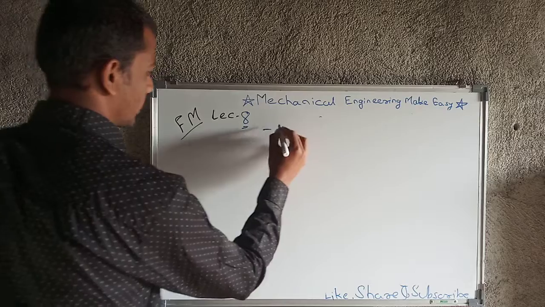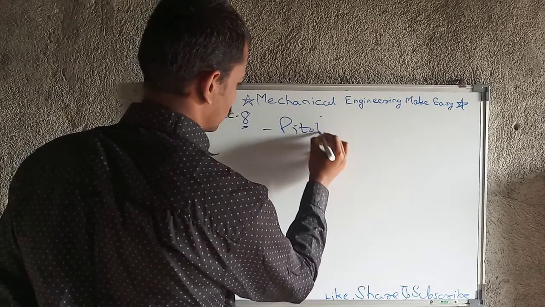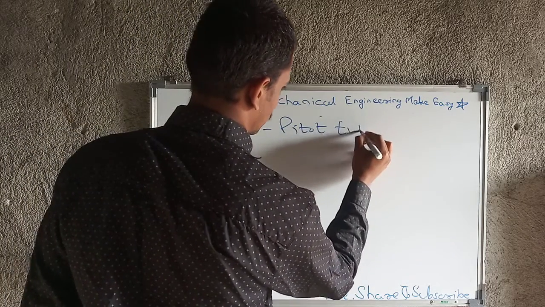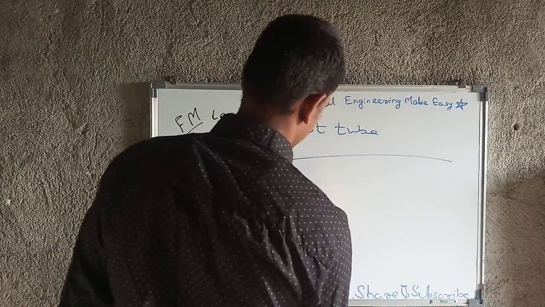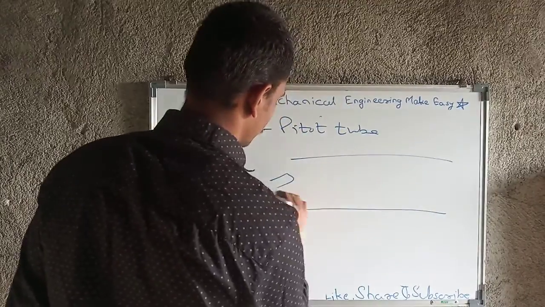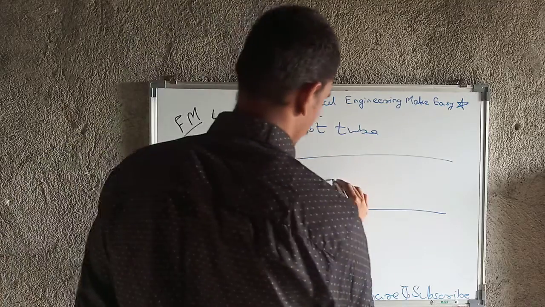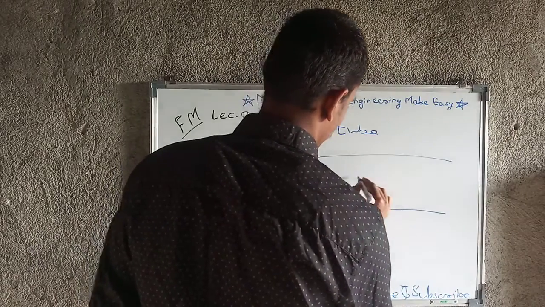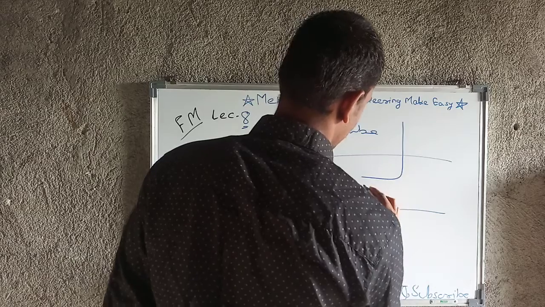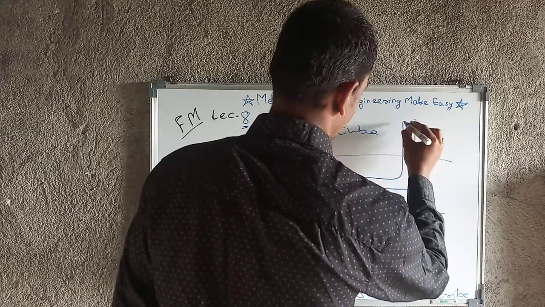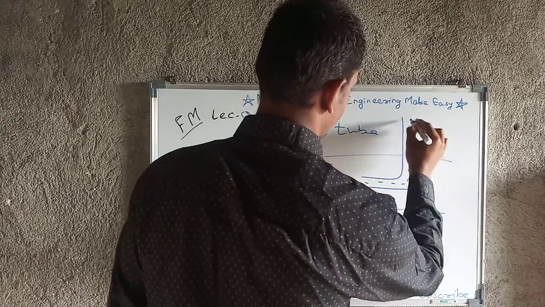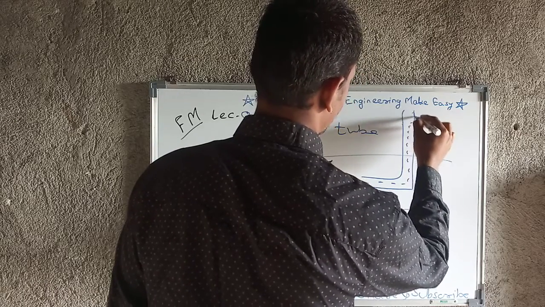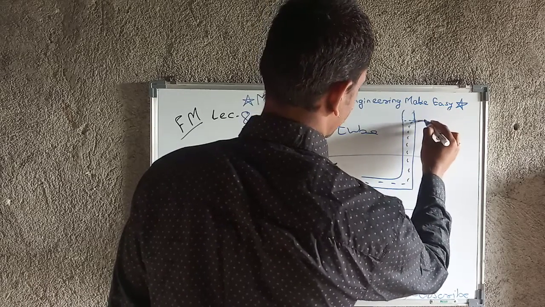Okay, then our next topic is pitot tube. Pitot tube is nothing but, okay, one pipe is there from which flow is flowing. So what we are going to do, we'll implement one tube there which will have an L-like section. So water or the fluid which is inside that pipe will rise up to some height.